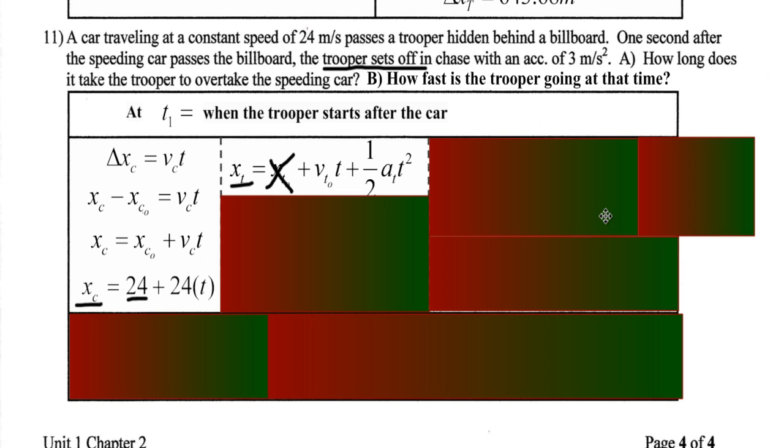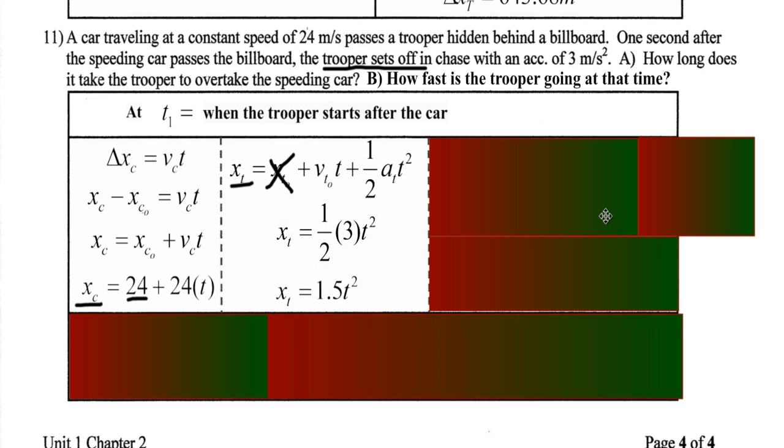And so we can look at these two equations as setting them equal to each other because we want them to be at the same position again. So filling it in with the trooper, the initial velocity of the trooper is also 0. So we can get rid of that, which leaves us our 1/2, our acceleration of 3 times our time. Well, the time that both of them are going to travel is going to be identical because we placed this car 24 meters ahead of the trooper.